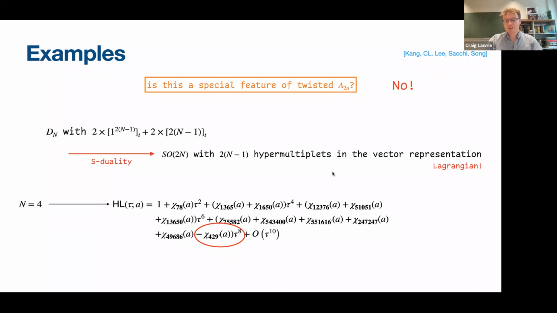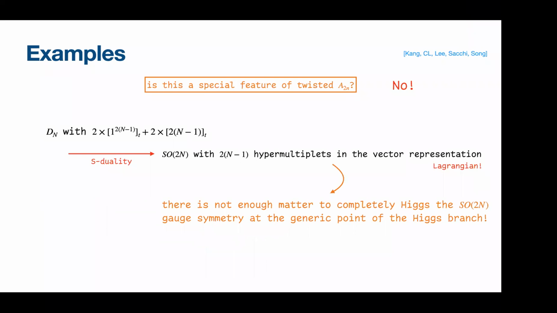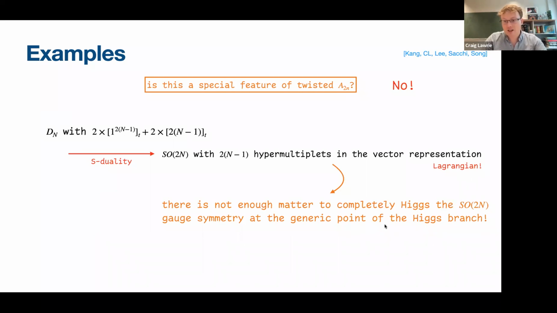But now that we have a Lagrangian description, we can understand this, and here is how. So in this theory, there is not enough matter. We only have 2n minus 2 vector hypers. There's not enough matter to completely Higgs the SO(2n) gauge symmetry at the generic point of the Higgs branch.